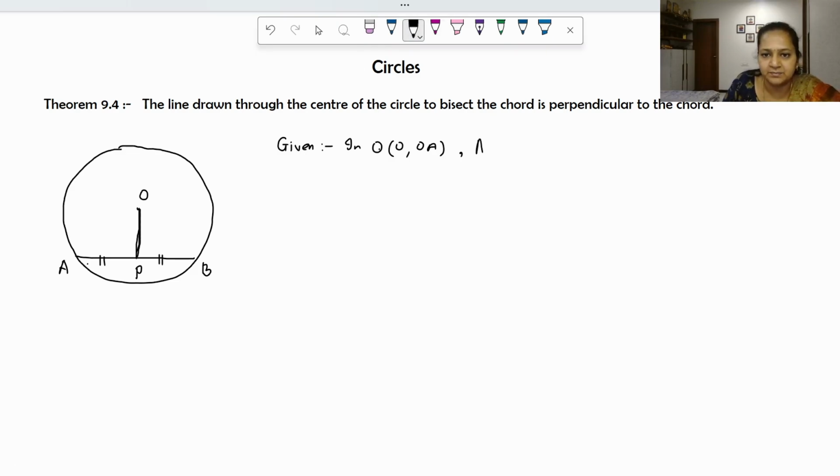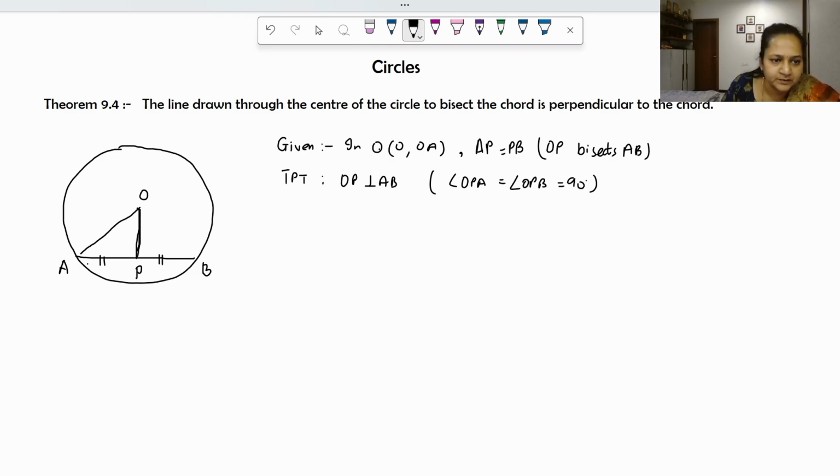We are told that AP is equal to PB, which means that OP bisects AB. If so, we have to prove that OP is perpendicular to AB. And to prove it is perpendicular, we'll prove that angle OPA, or for that matter OPB, will be 90. If it is 90, then we know it is perpendicular.